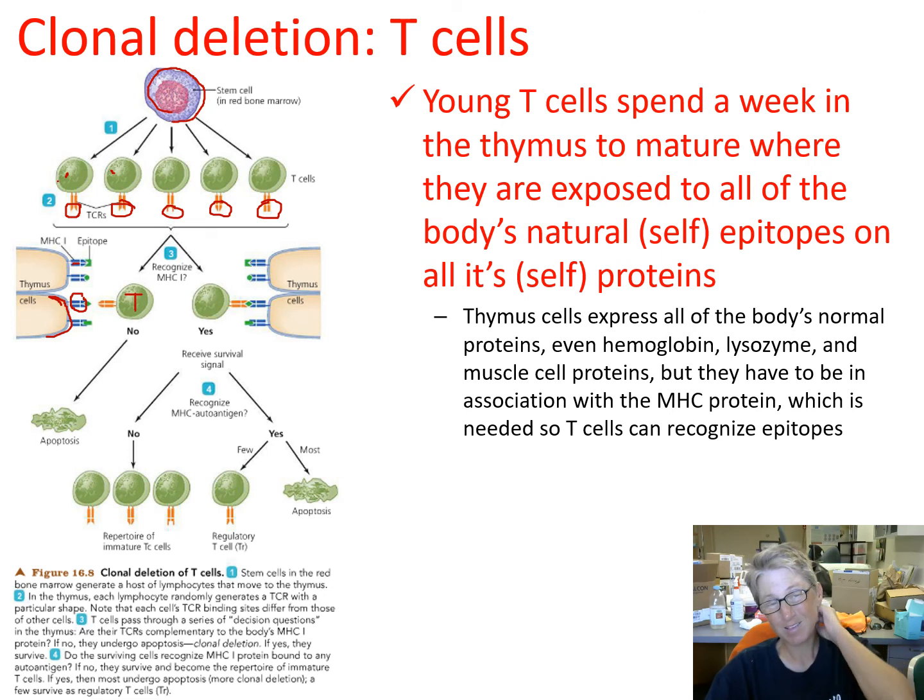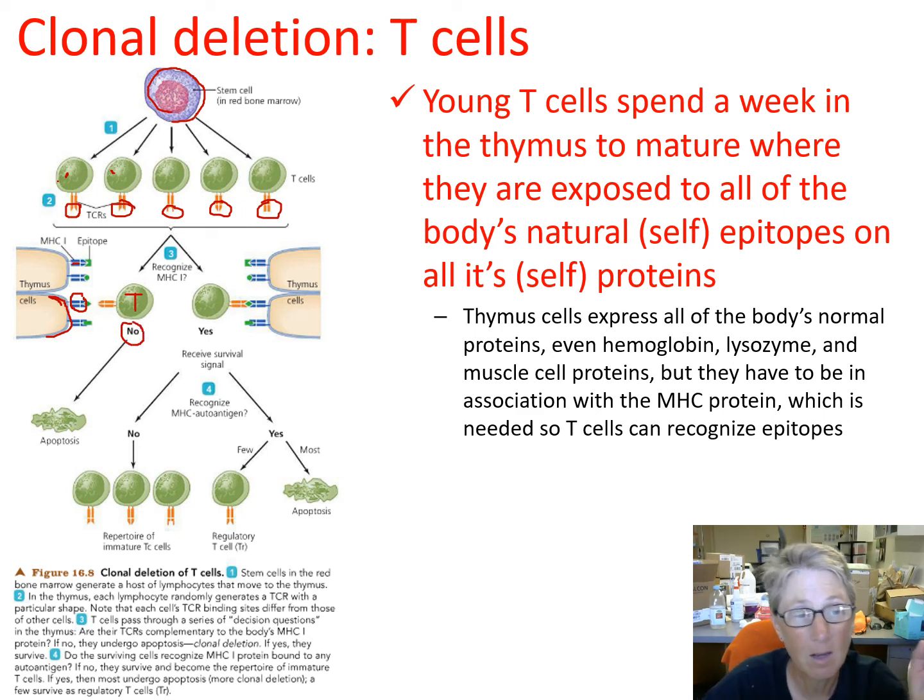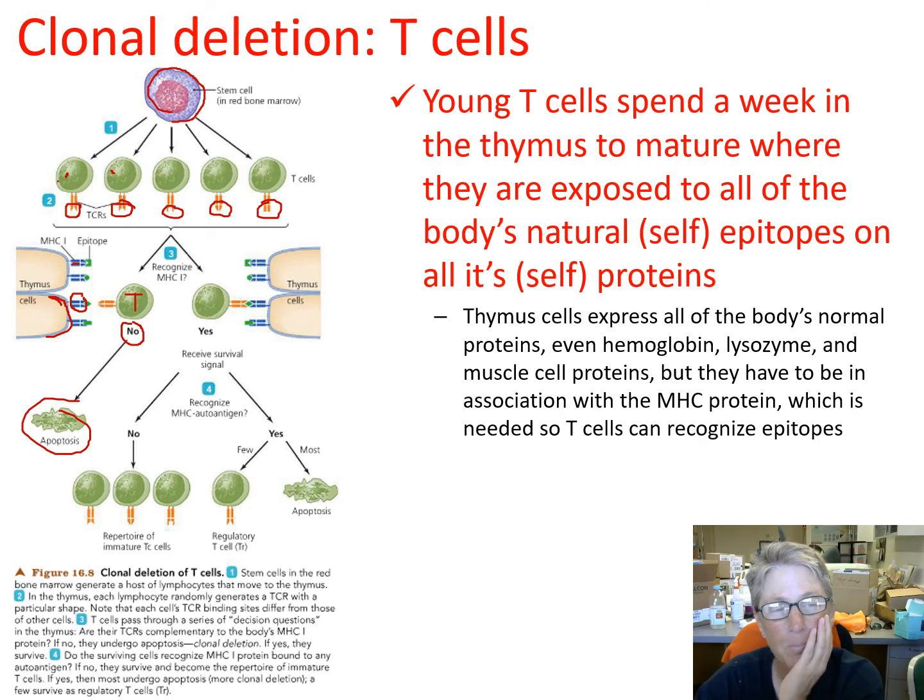Because remember, the T cell, with its T cell receptor, has to be able to recognize the MHC complex. If the T cell receptor can't recognize the MHC complex, it can't form that synapse. So if the T cell can't even recognize MHC1, then it undergoes apoptosis.